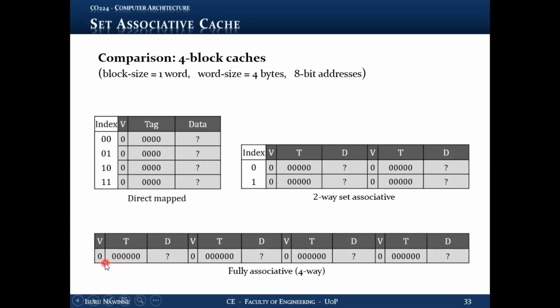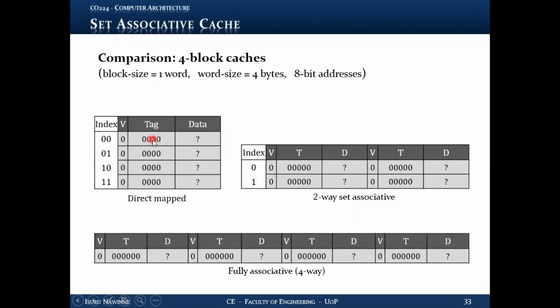Then the third way is 4-way set associative, in this case fully associative implementation, right? For 4 blocks, if you have all 4 blocks in the same entry, that is the fully associative implementation, all 4 blocks in the same set. You don't have an index field in that case, right? You only have 1 entry in the cache.